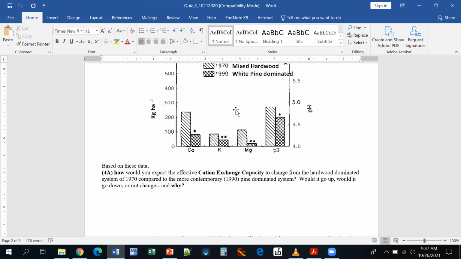Maybe some people actually knew this paper, but what did you guys think about this question? Was this a real stumper? A little bit? It might have kind of thrown you off, especially if you didn't know the results of the study, I guess.